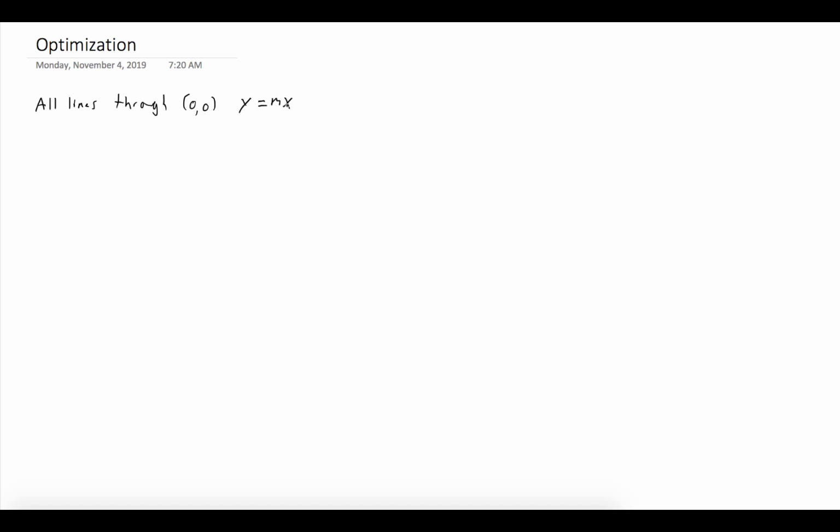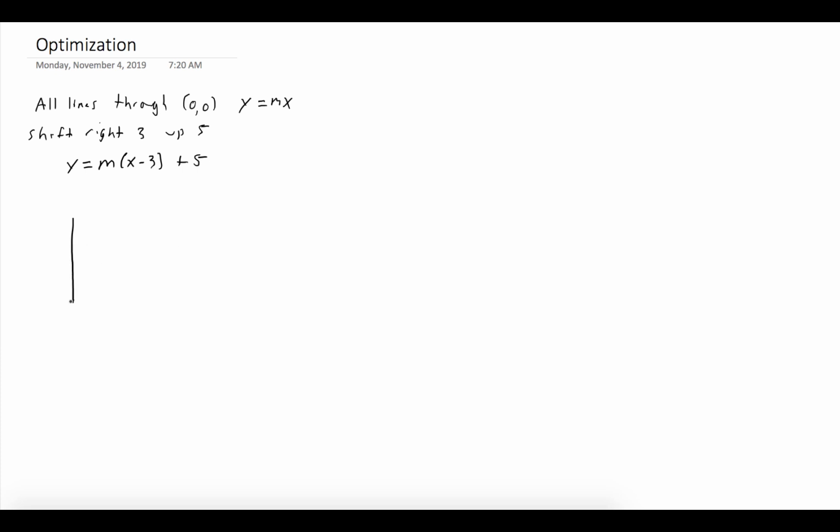So we'll shift these lines to the right by 3 and up by 5 to get y equals m times (x minus 3) plus 5.